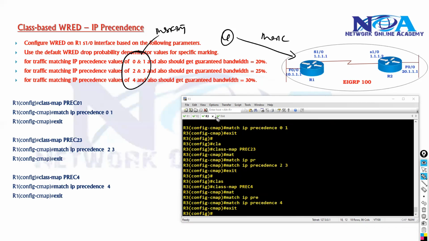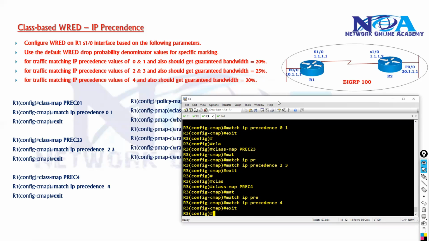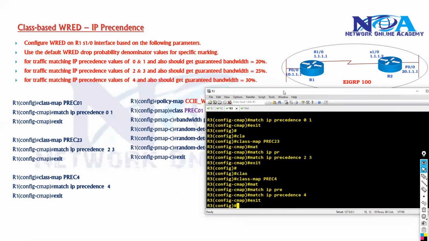Now this router, in my example router 3, is going to match those marking values and configure some guaranteed bandwidth for that traffic. At the same time, I want to do random early detection for that particular traffic.